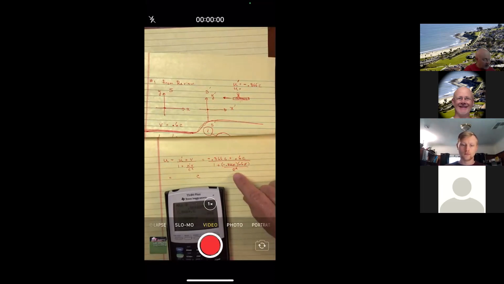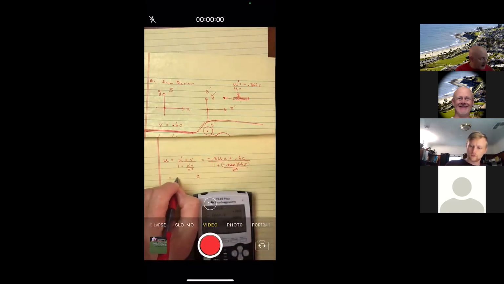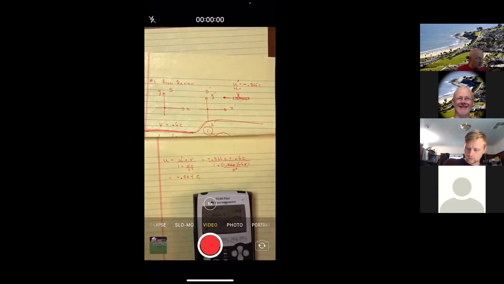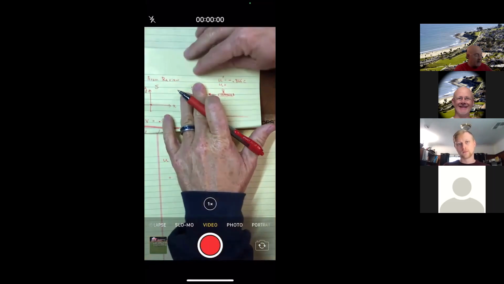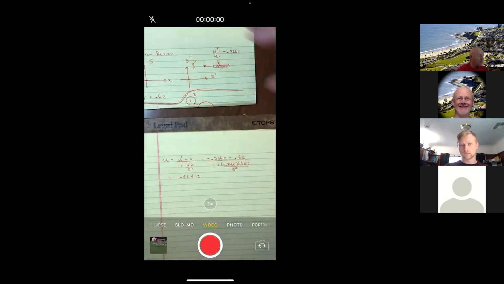All right, so now when I do a quotient, I can go up here and just grab that and divide by that and come up with a negative 0.554 C. Negative because it's going to the left, and then 0.554 C. Yay.